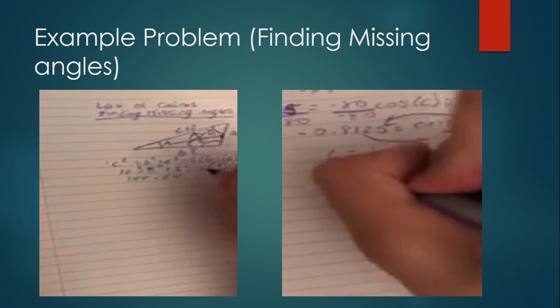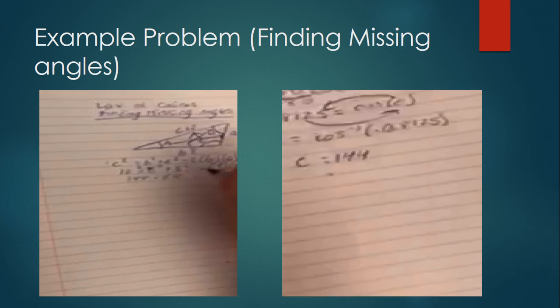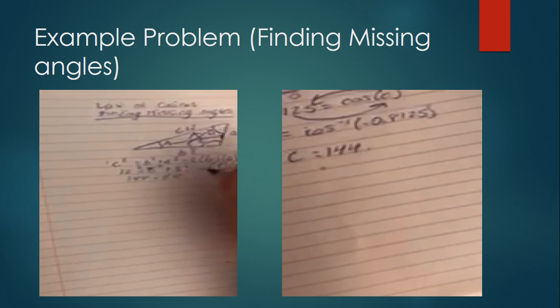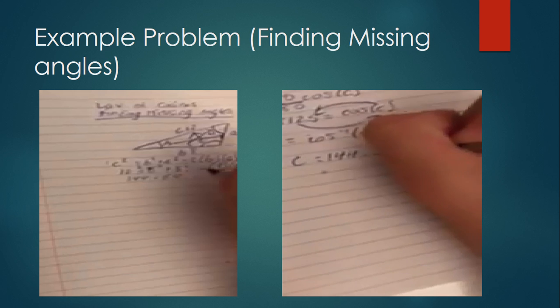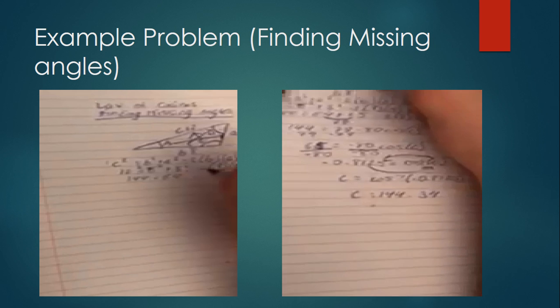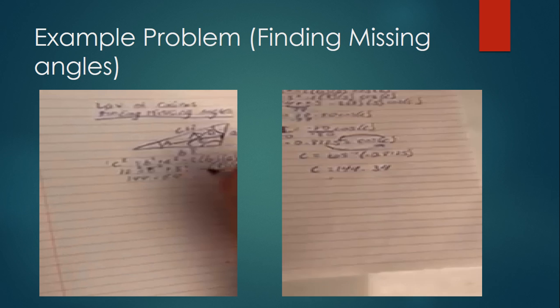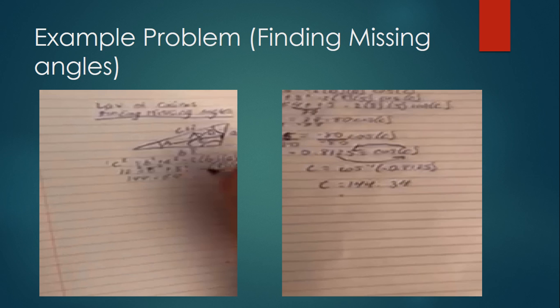So angle C is equal to 144, and if your teacher wants a precise answer, you typically round to the second decimal point, so that would be 0.34, and that would be your angle C here. And that's how you find missing angles for law of cosines. Now you can go to your worksheet and work on some of the problems.